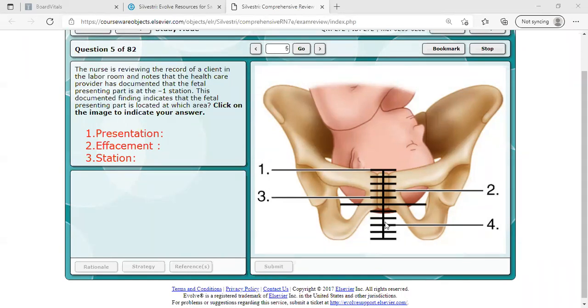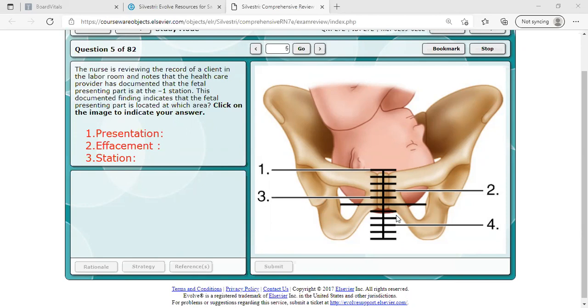When labor begins, some women will have a baby who is high in the pelvis with a station of -2. Also, a few women start labor with a baby that is engaged at 0 station, meaning at this level, or lower, meaning +1, +2.